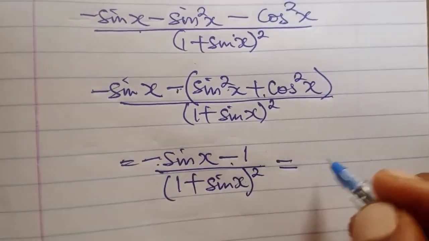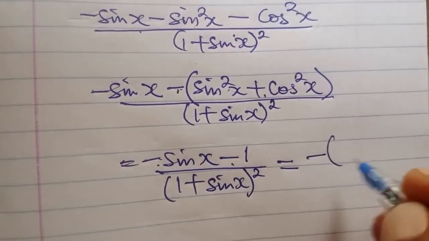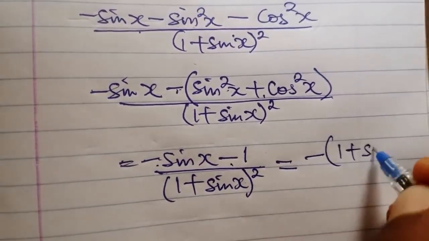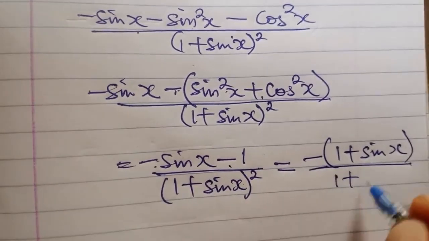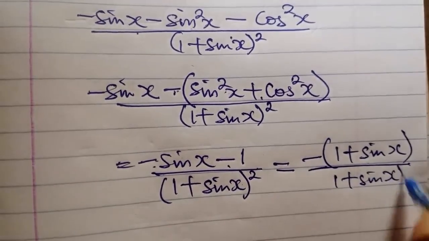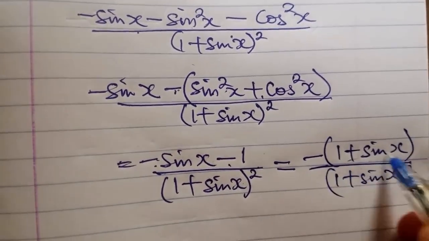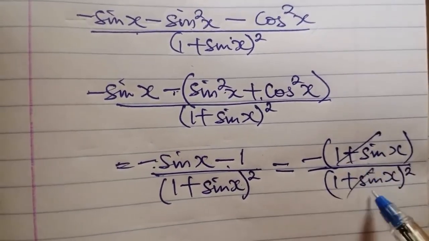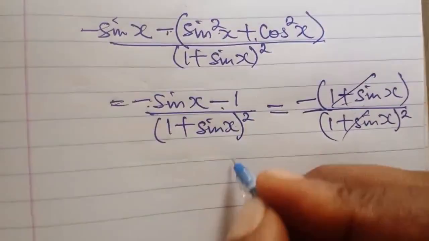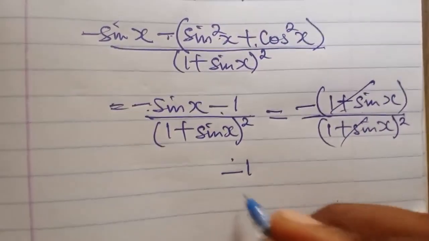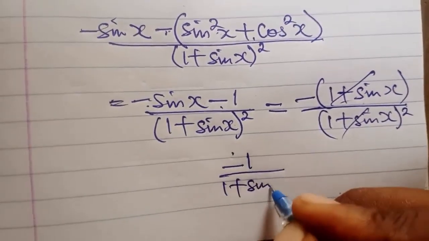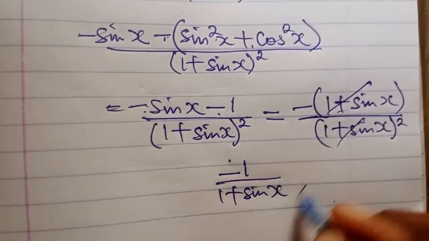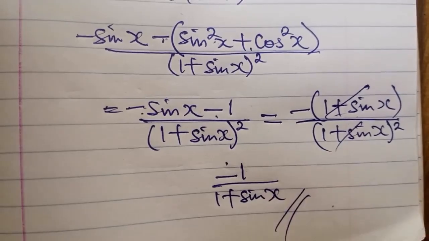It can be equal to negative, being outside, 1 plus sine x all over 1 plus sine x squared. You can see this looks like this. So we take 1 from here. What we have left on top is negative 1 over, sine x is still remaining here, sine x. So this is the answer.